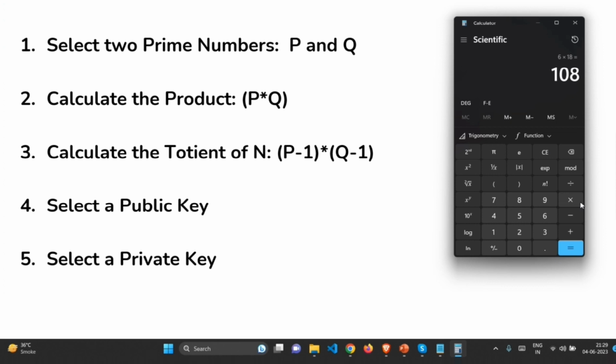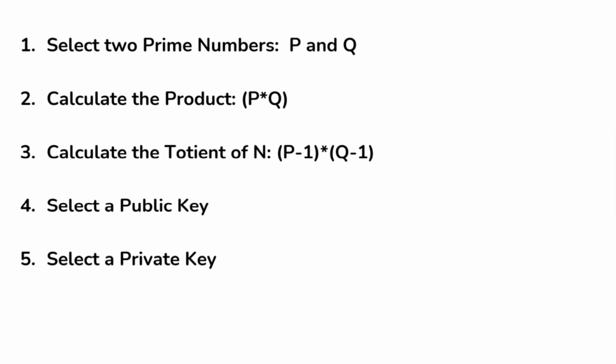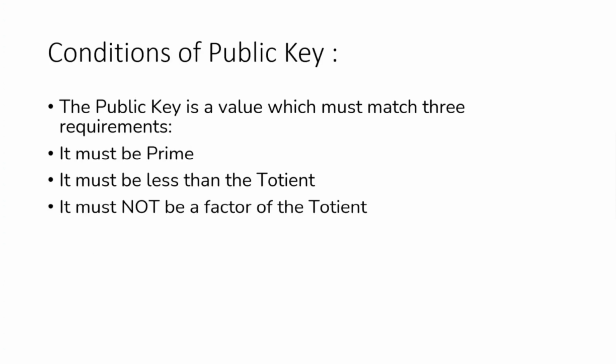The fourth step is to select a public key. Before selecting a public key, there are some conditions that you have to keep in mind. The public key that we are going to select must be a prime number.